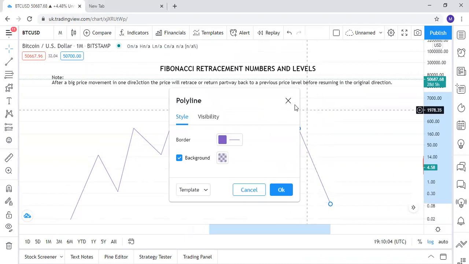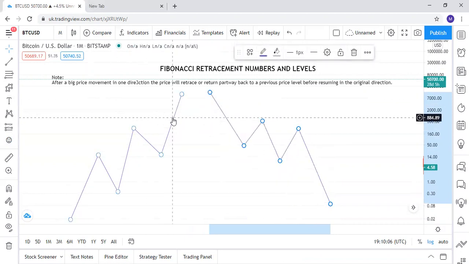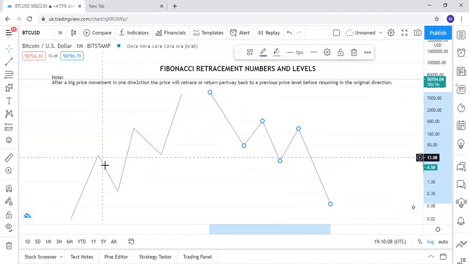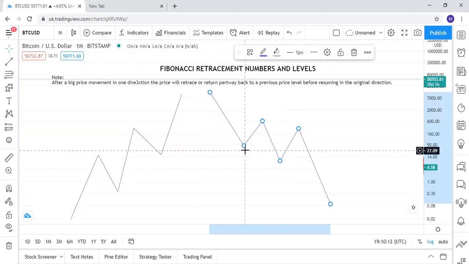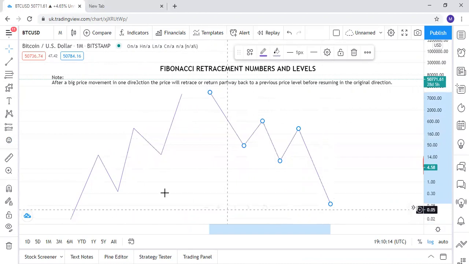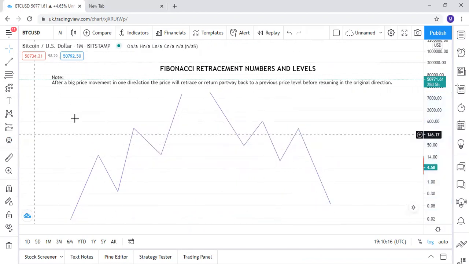Like we call it higher high, higher low, higher high, higher low, or lower high, lower low, lower high, lower low, lower high. So you understand what I mean? So the market moves, then it must retrace.